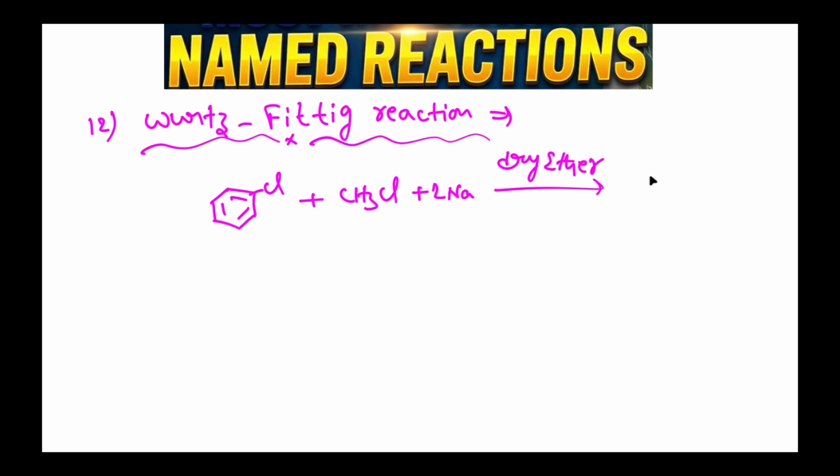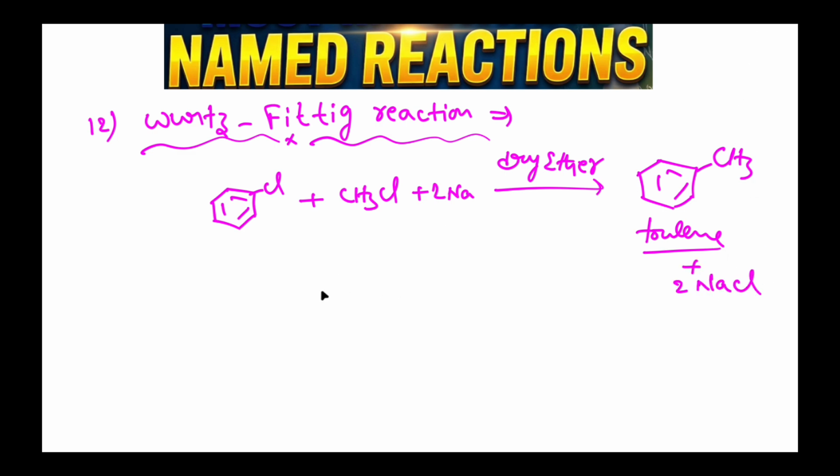In presence of dry ether, we can get alkyl arenes. For example, chlorobenzene and methyl chloride react with sodium in presence of dry ether. We can get methylbenzene, that is toluene. So the byproduct is NaCl.